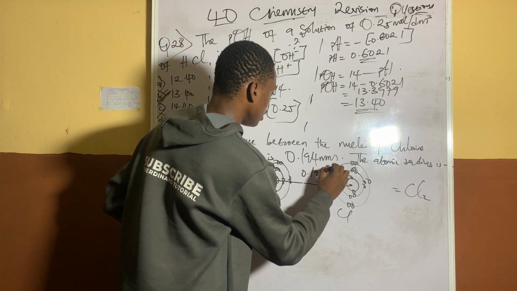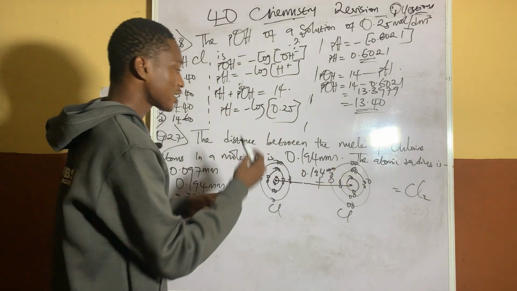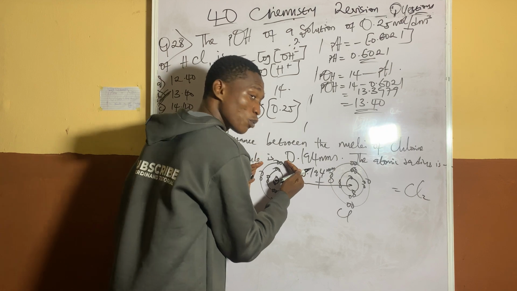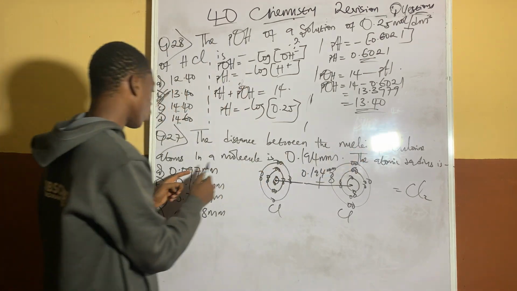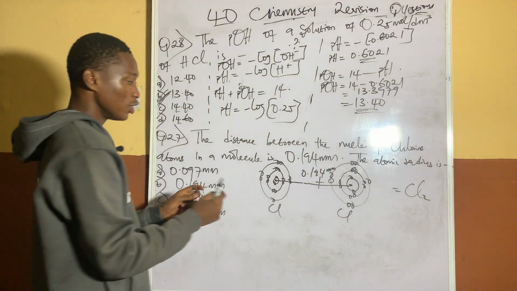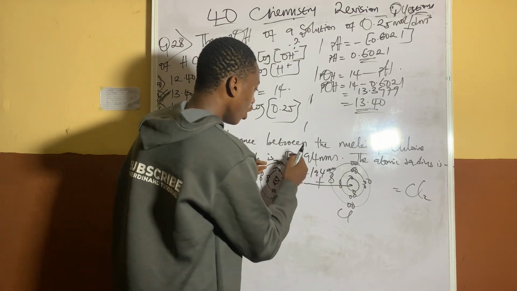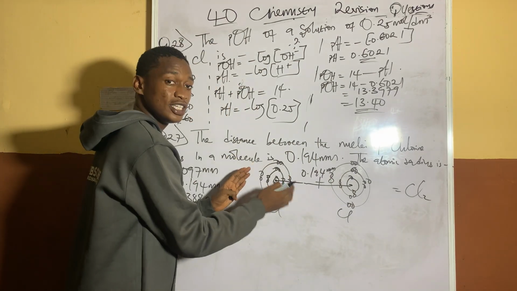0.194 millimeter. So they're asking us the atomic radius. They are no longer asking about the nuclei of this molecule. They're asking what is the atomic radius of a singular chlorine atom. So since the distance between this and this is 0.194, we need to get the atomic radius of only this particular chlorine atom.